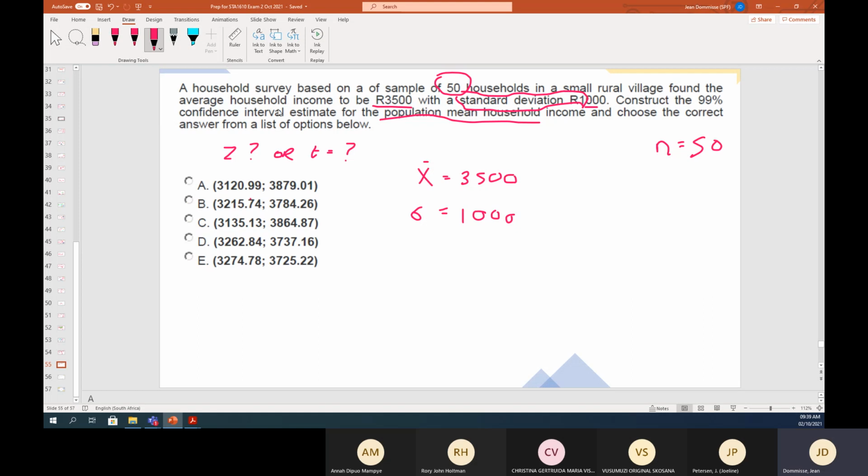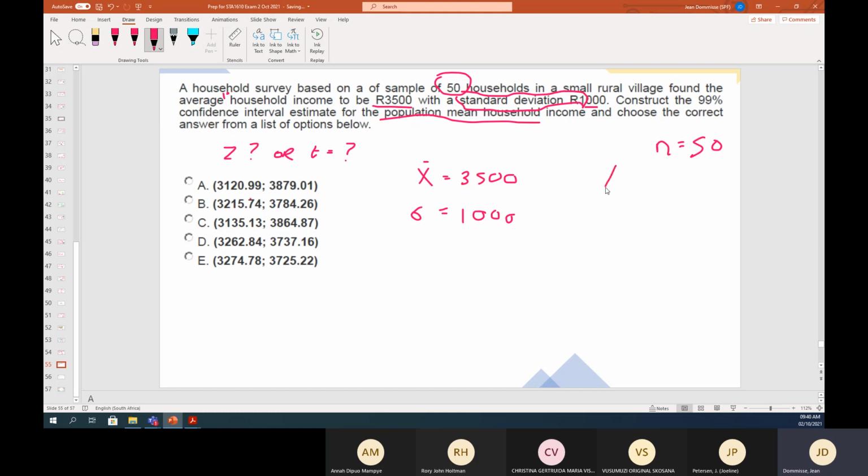Otherwise, they would have said a household survey based on a sample of 50 households found the average population household income to be and the standard deviation. So if I included the population even there, it would have been fine for you to assume that it's a Z, because then the mean and the standard deviation go together. Okay, so we need to use the T for this instance.